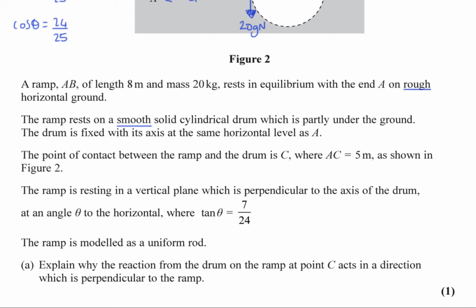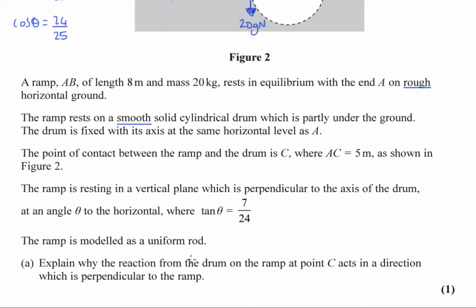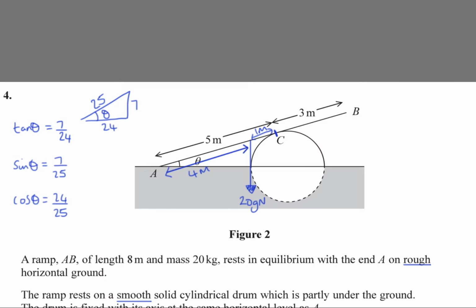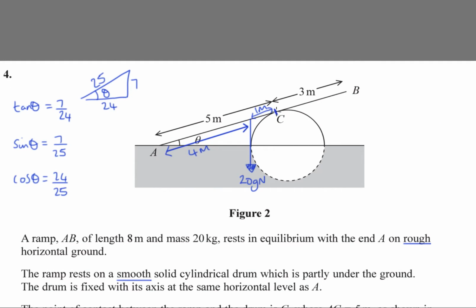Then part A says, explain why the reaction from the drum acts in a direction perpendicular to the ramp. This is useful, it's telling you to remember to put your reaction forces in. That's a tricky question to answer. We might not necessarily know the answer, but it's a really useful piece of information.